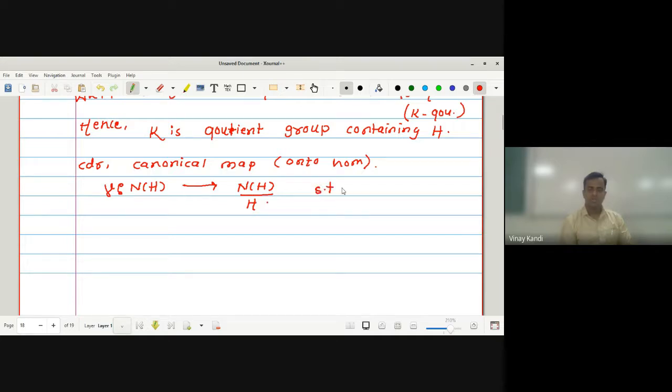Such that gamma of x is equal to Hx. Okay, we know that this mapping is onto homomorphism, always. Okay, for all x belongs to N of H. So this is the mapping which is onto homomorphism.